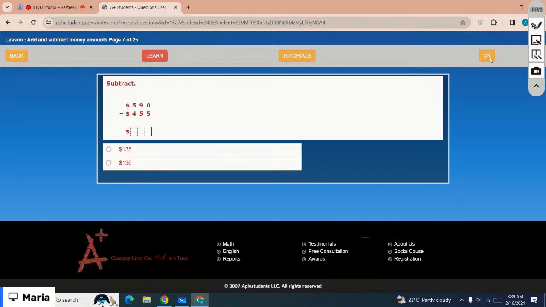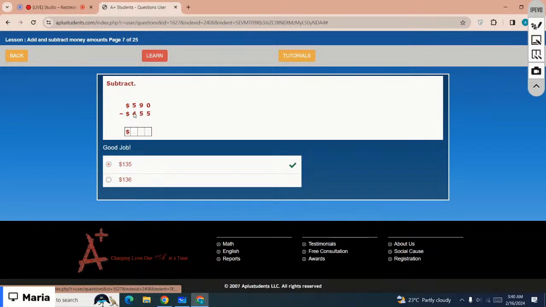Which is the correct option? The correct option is $135. Option number 1 is the correct option. You can complete the lesson by yourself later today.